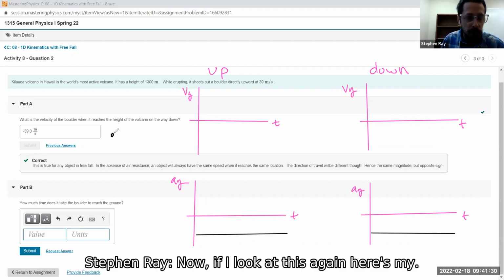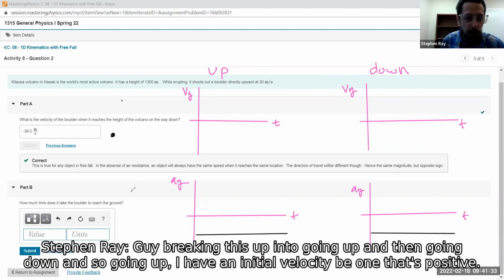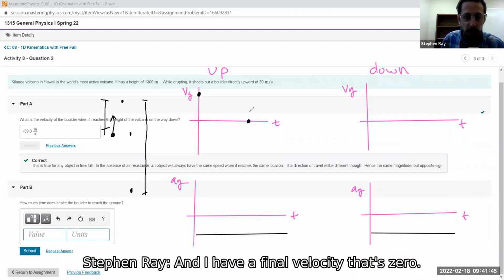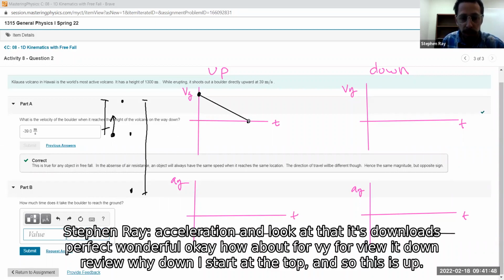Now, if I look at this again, here's my guy. I'm breaking this up into going up and then going down. So going up, I have an initial velocity V1 that's positive, and I have a final velocity that's 0. Acceleration, and look at that, it's downwards. Perfect, wonderful.